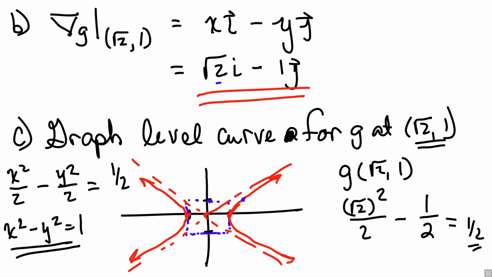So this would be the gradient vector of g, based on this. Any questions?